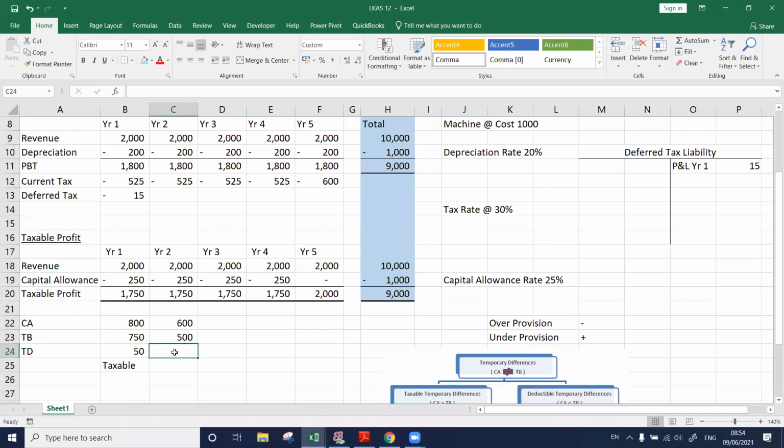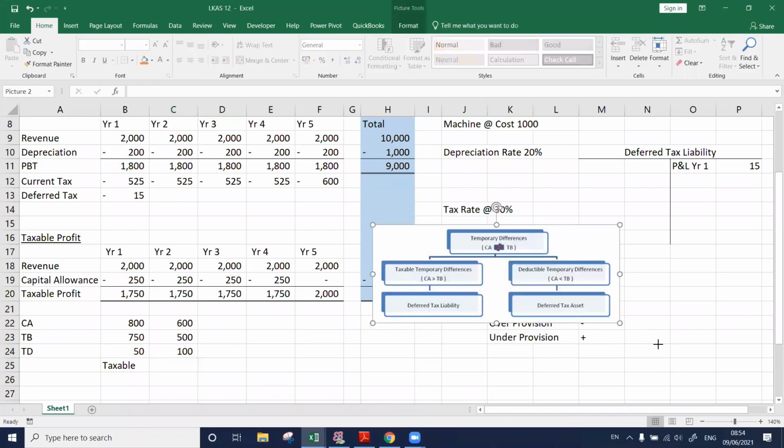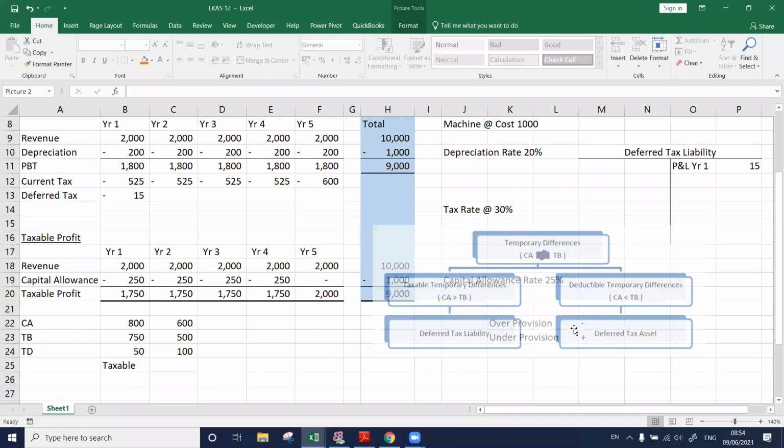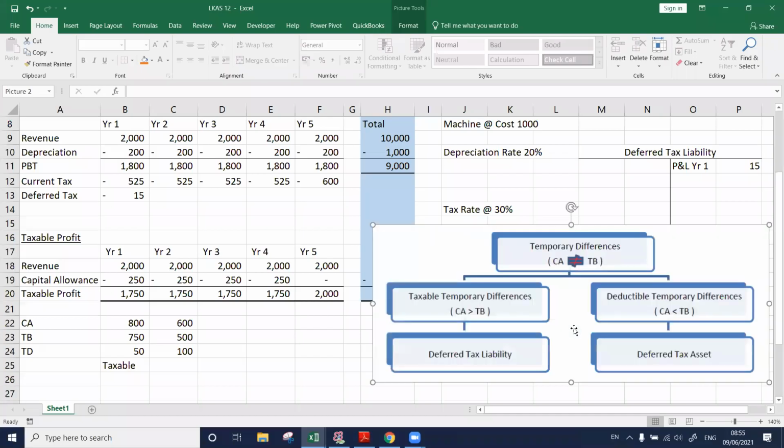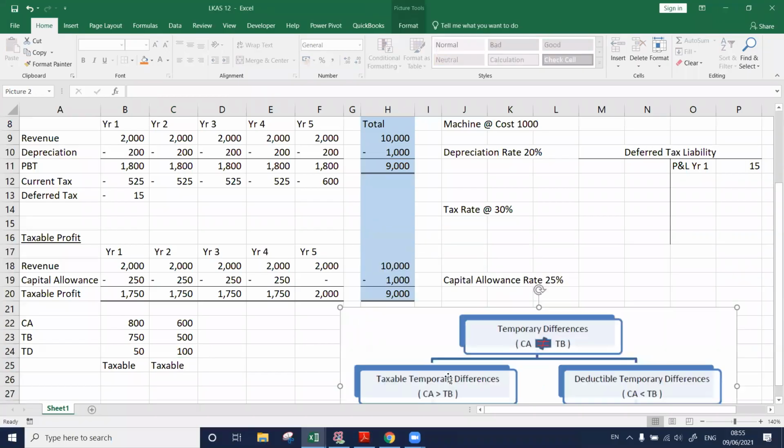Temporary difference is 100. The difference between these two. Is it a taxable temporary difference or is it a deductible temporary difference? Carrying amount is greater than the tax base. Therefore, it is a taxable temporary difference. Right?